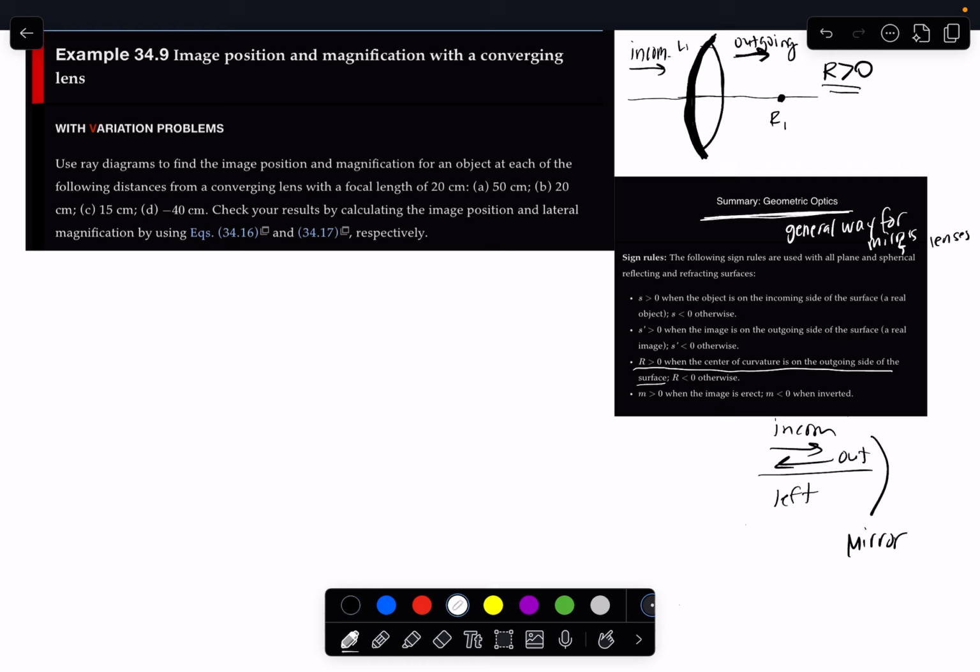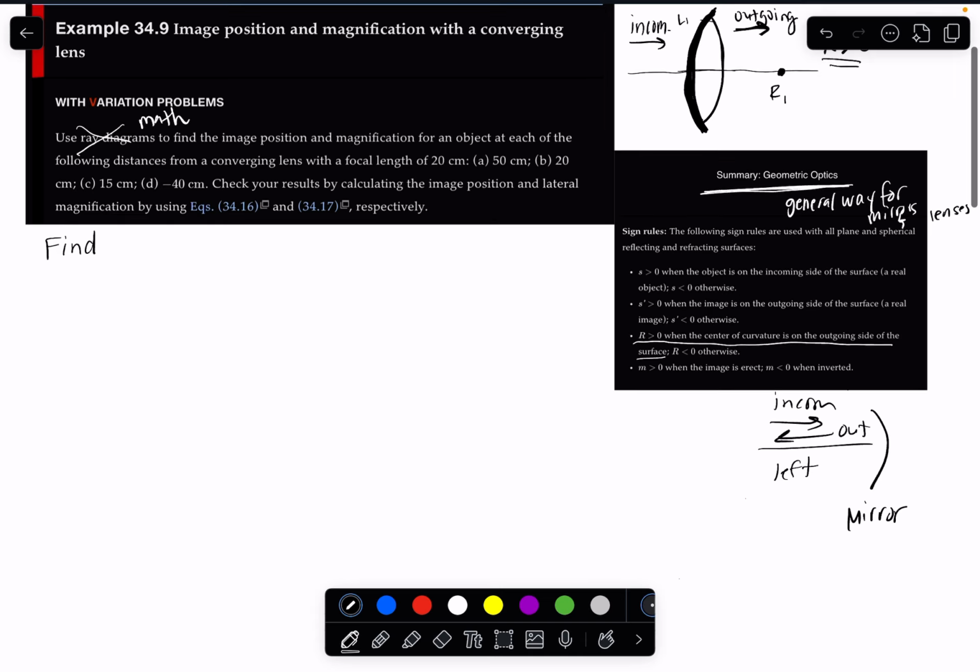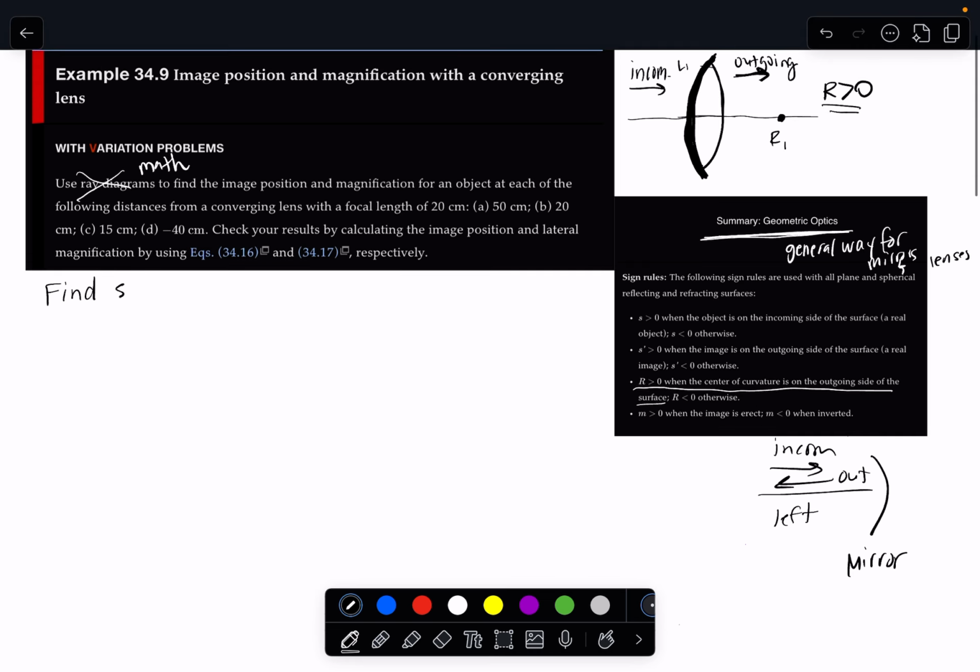Don't worry about the ray diagrams. Let's just do the math. We are asked to find the image position, S prime, and the magnification, M, for an object at each of the following distances with a focal length of 20 centimeters.